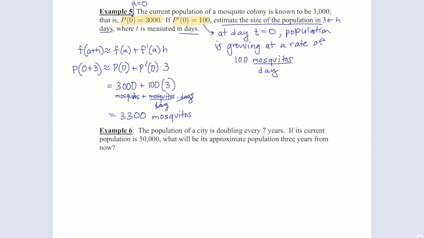The next one says the population of a city is doubling every 7 years, and the current population is 50,000. So for this one, we can say p of 0 is 50,000. We could also say, well, that means that p of 7 would be about 100,000.